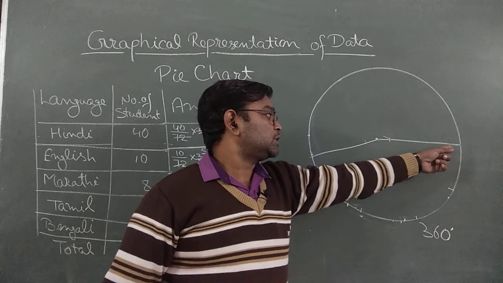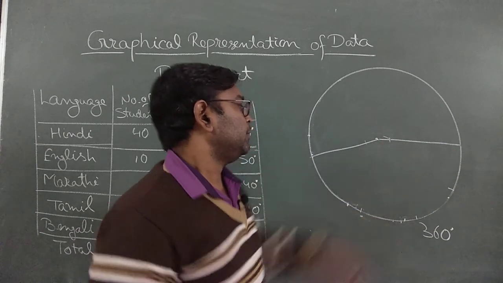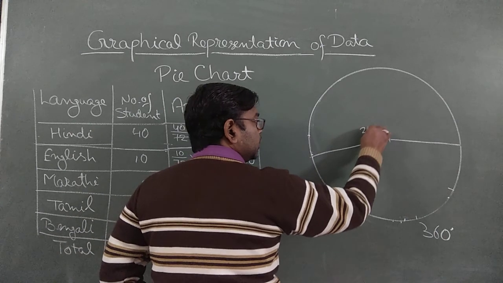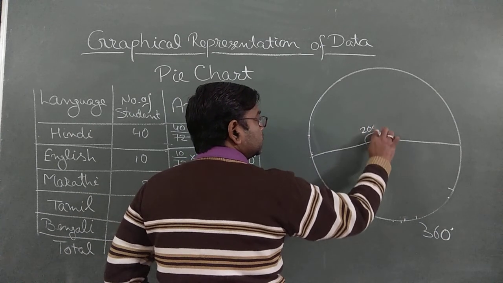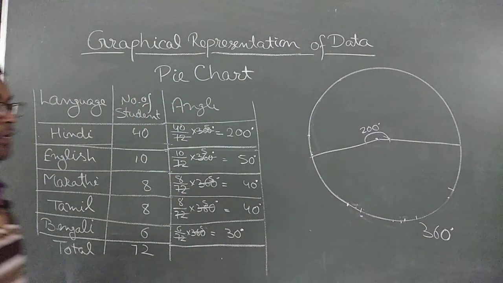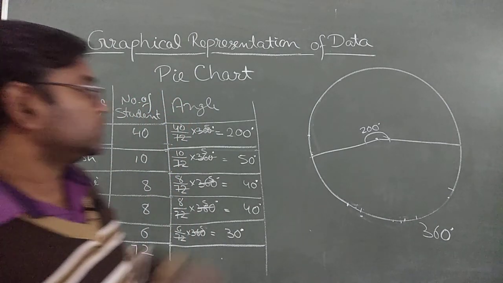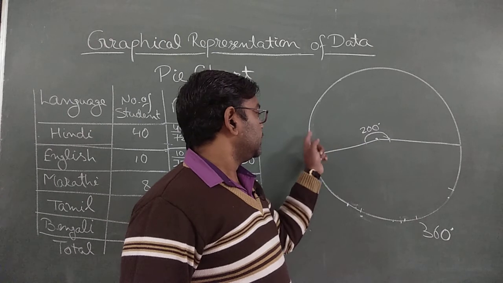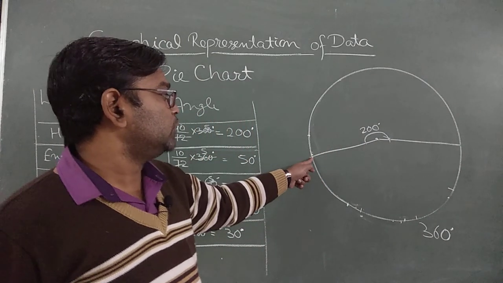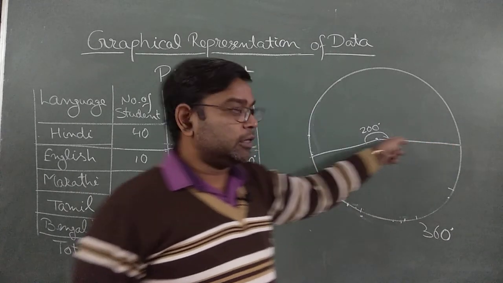So this is your initial arm, and I measure this. The value must be 200 degrees. First take 180, then 180 plus 20. This is your extra 20, so 180 plus 20 is 200. So this is your reflex angle of 200.